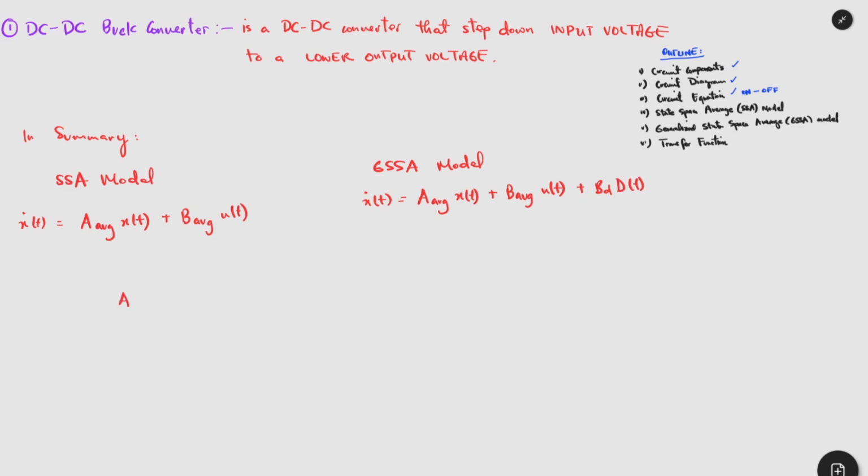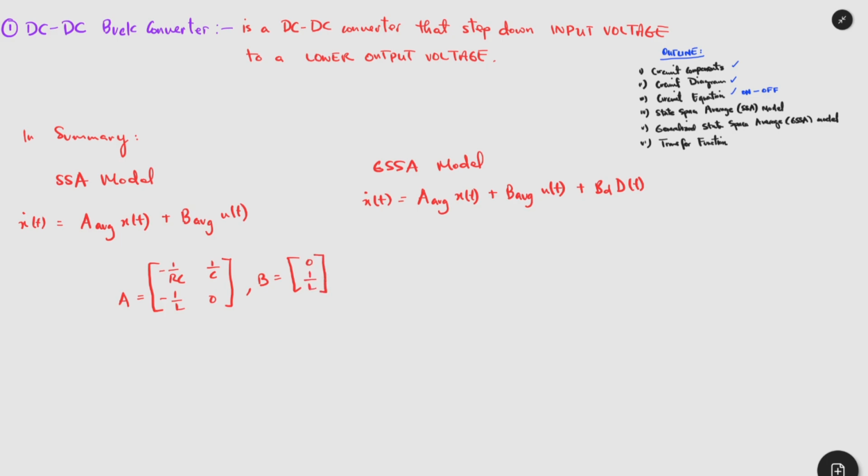And we know that the matrix A average is minus 1 on RC and 1 on C in the first row, minus 1 on L and 0 in the second row, and for the B we have 0 and 1 on L.